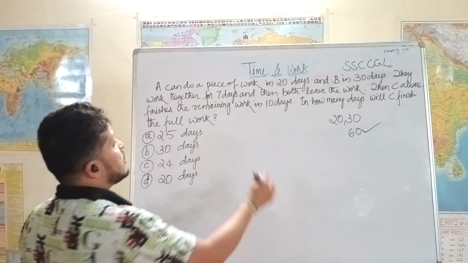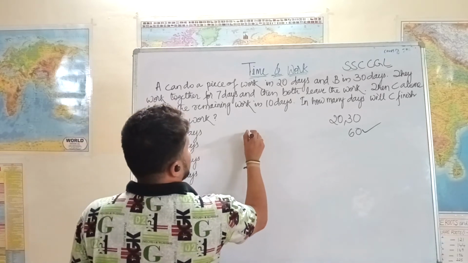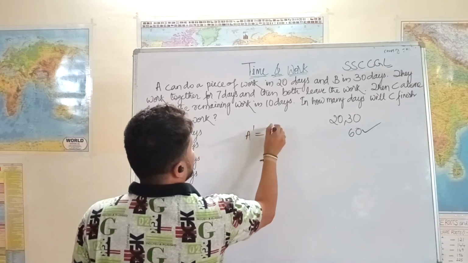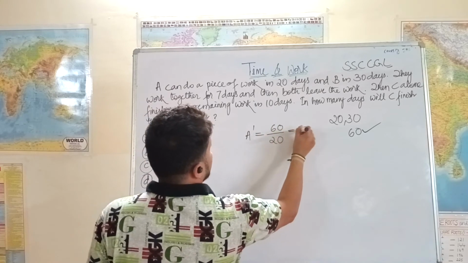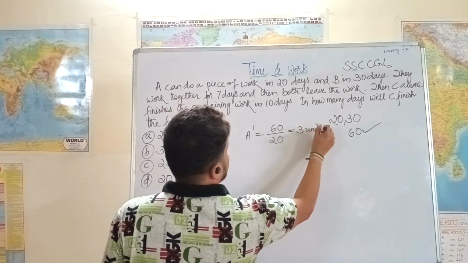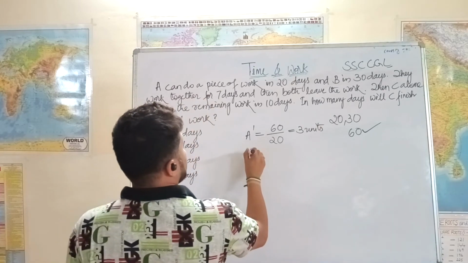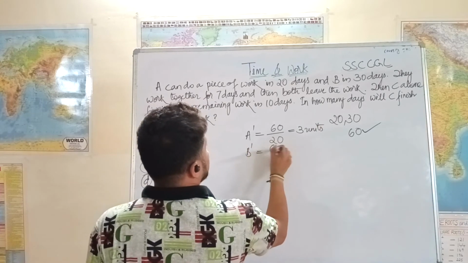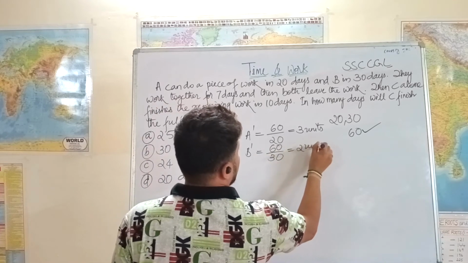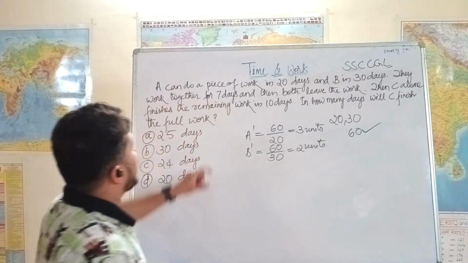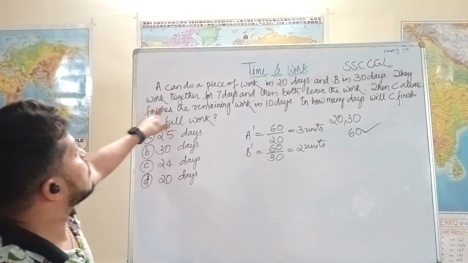So what is the efficiency of A? 60 is done in 20 days, which means 3 units. And the efficiency of B is 60 divided by 30, which is 2 units. So A and B work together for 7 days.